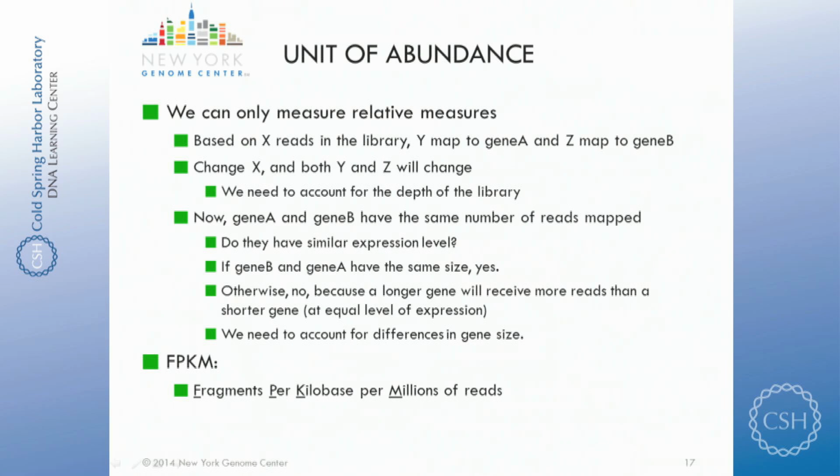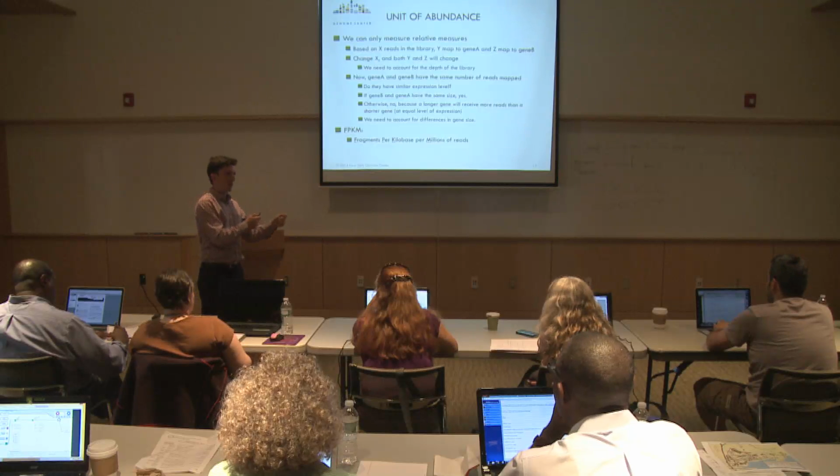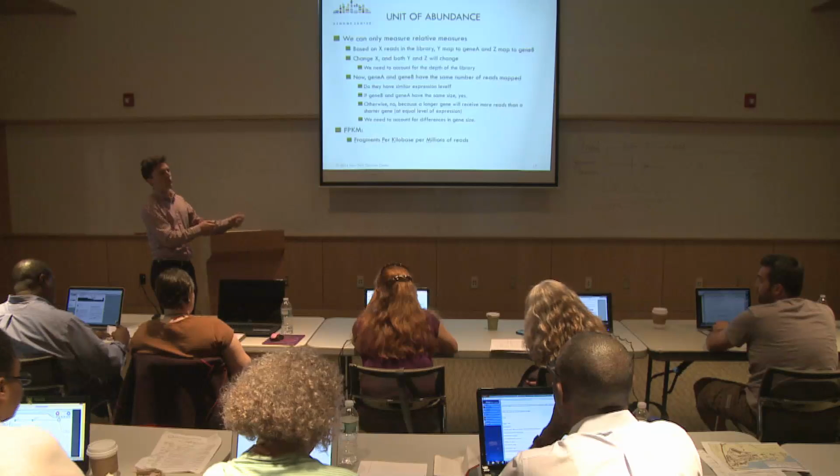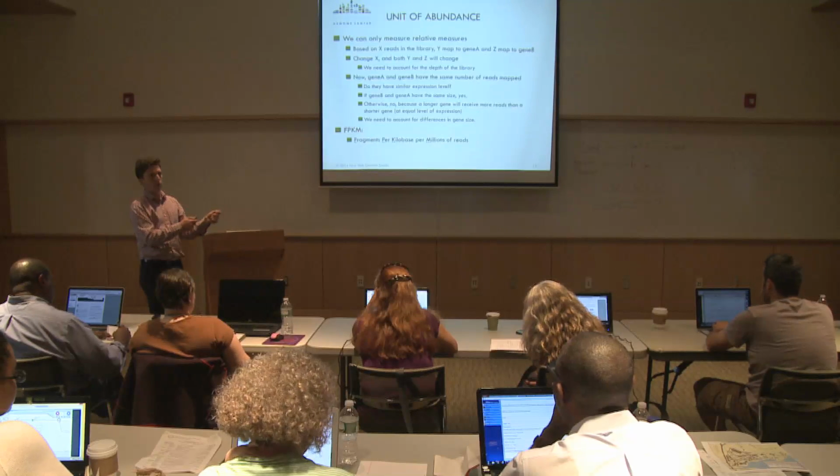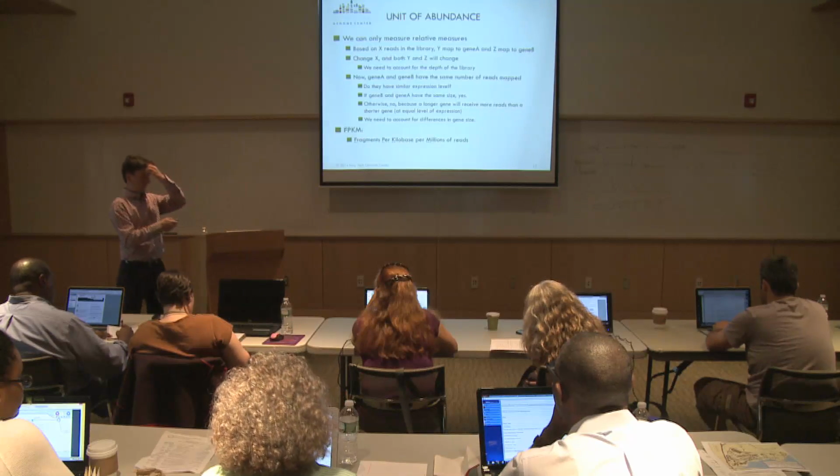But if you change X, if you have twice the number of reads, both Y and Z will change, okay? What you measure is not an absolute level of expression. It's always relative to your experiment, relative to the number of reads that are present in your experiment. And so what it means is that the expression level that you measure is relative to the expression of the other genes in the same experiment. Okay? Does that make sense?